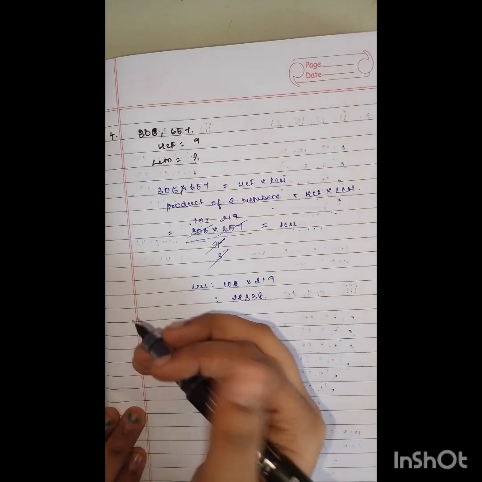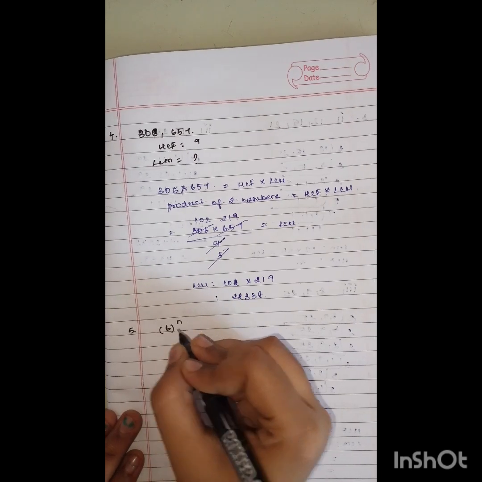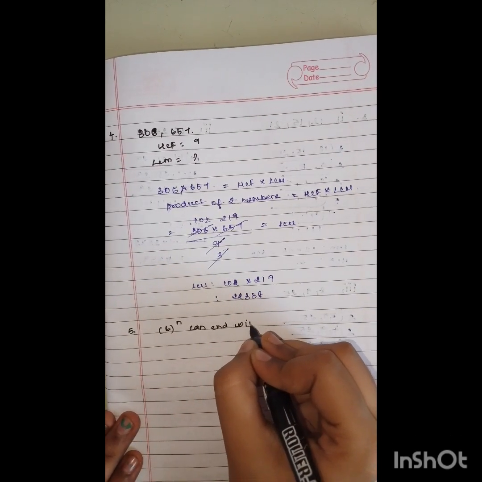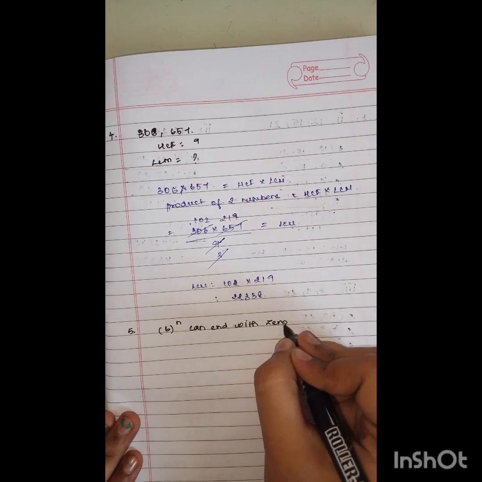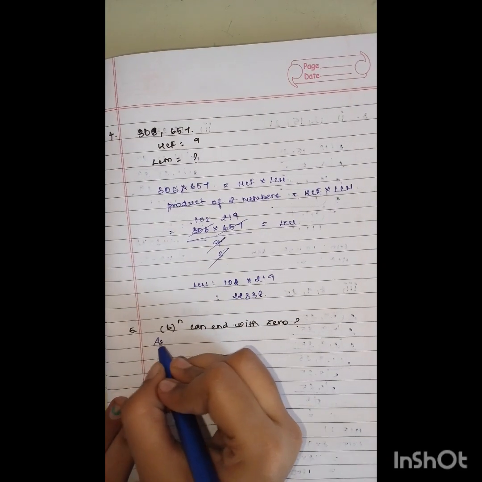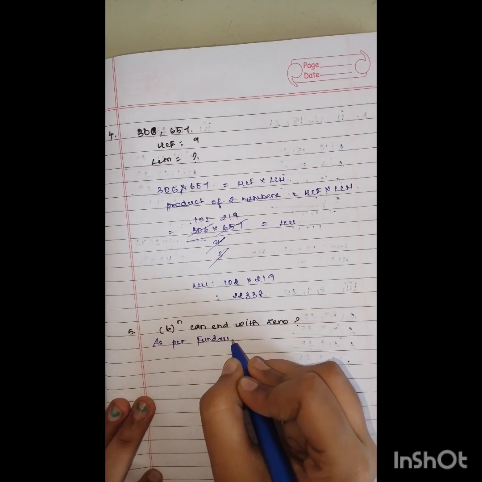So we are given the fifth question, stating if 6 to the power of n can be expressed in the form of 0. We are being introduced to a new concept, a theorem called the fundamental theorem of arithmetic.